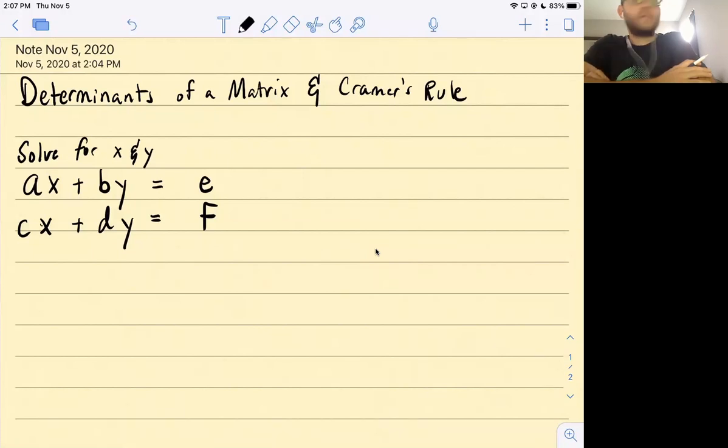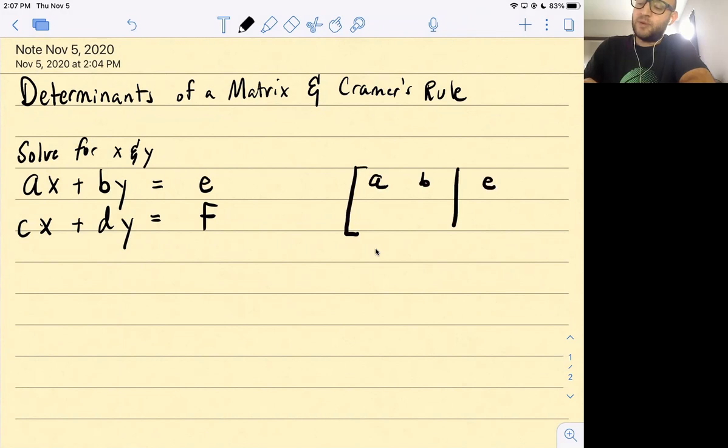You could do a matrix thing. You could write it like this, but let's not do the matrix. The matrix is just a shorthand essentially for the system of equations. So let's just stick with the system of equations for now.